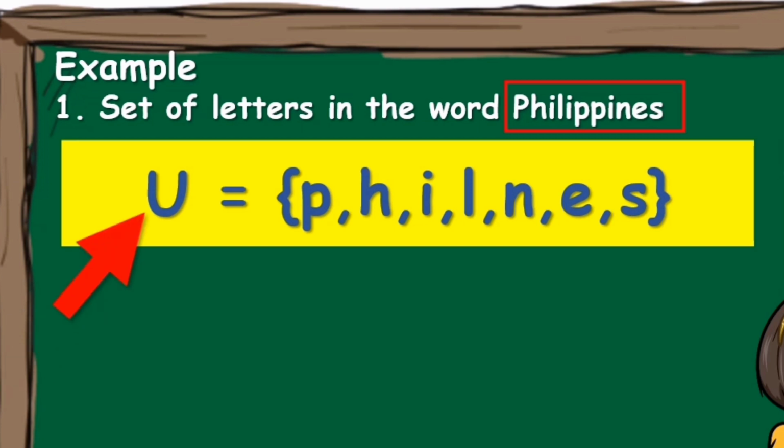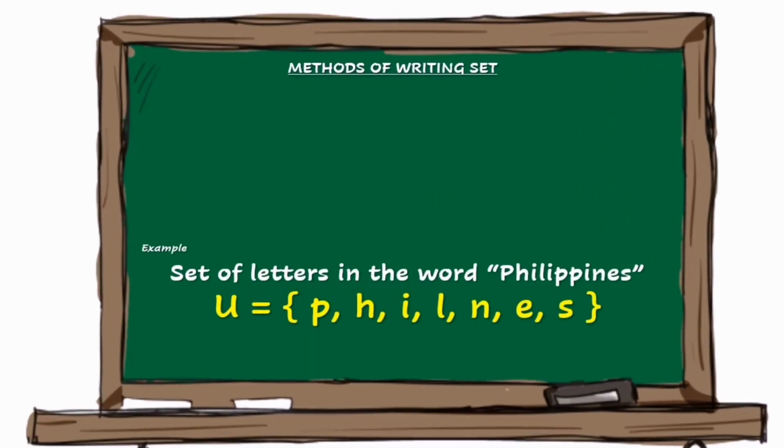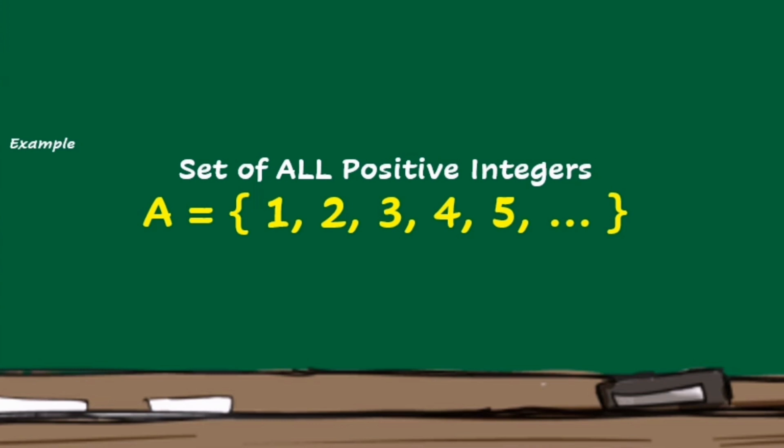Uppercase letter is used to name the set. Here, U is the name of the set. And lowercase letters will be used to refer to any element of a set. When the elements of the set are listed, it is called roster notation. But there are times when it is not practical to list all the elements of a set. Take a look at this example.